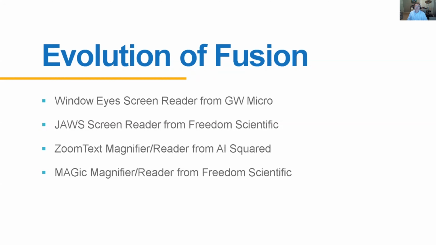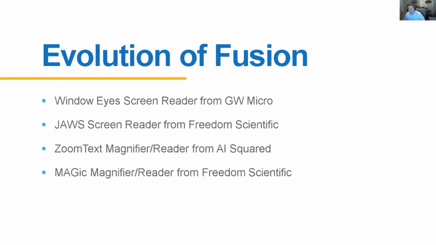So a few years ago, some of the most popular products were Window Eyes Screen Reader from GW Micro, which was a competitor of JAWS, which is from Freedom Scientific. And then you had ZoomText Magnifier Reader from AI Squared, and then Magic Magnifier Reader from Freedom Scientific. So you could run JAWS and Magic at the same time, and it kind of gave you the same benefits of Fusion.